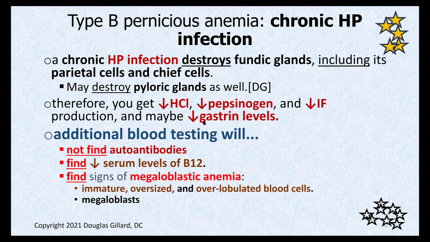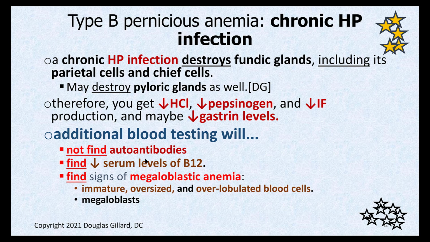If it didn't get into the pyloric region of the stomach, your gastrin levels would be high. But if it did hit the G cells and inflame them, then your gastrin levels will be decreased. So be careful. That's kind of a confusing point. Additional blood testing in people with type B pernicious anemia, they will have no antibodies, not type 1, type 2, or type 3.